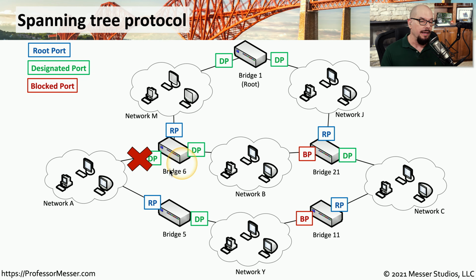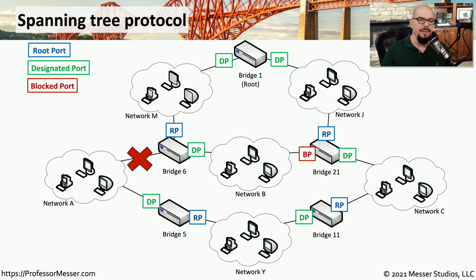Spanning tree will recognize that there's no communication available between network A and bridge 6, which means the root port on bridge 5 is no longer able to communicate to the root bridge of the network. Spanning tree will now change the root port to be the other side of bridge 5 so that network A can now communicate out to network B by using the other direction of the network and eventually make its way all the way down to network B.